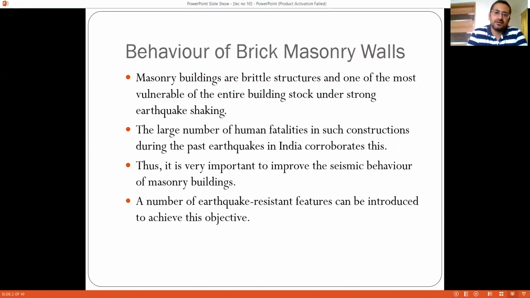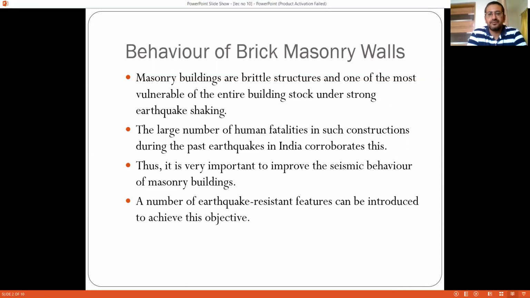In case of the moderate earthquake, it is suggested that the structural elements are allowed to undergo failure, but they should be repairable in nature. In case of strong earthquake, it is suggested that structural elements may undergo irreparable damage, but in no case the structure should collapse, right? So our goal is going to ensure that these masonry buildings also stay strong under the strongest effect of earthquake, that is the third category, that is the strong.